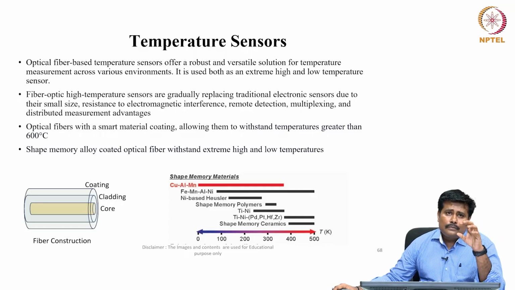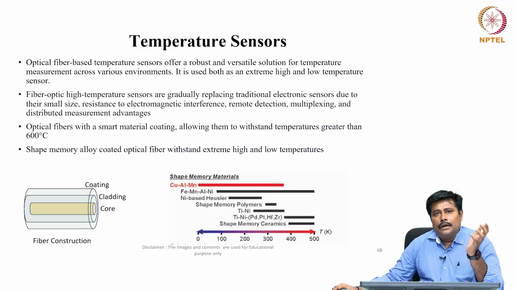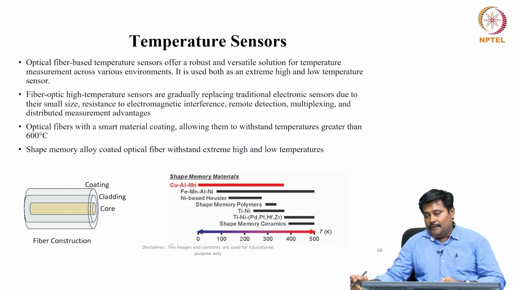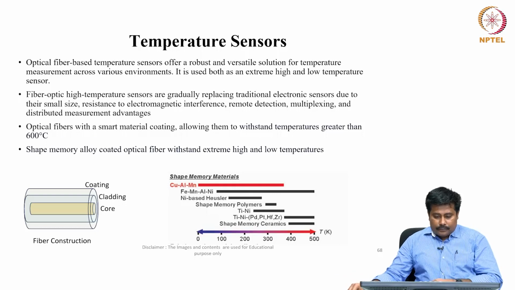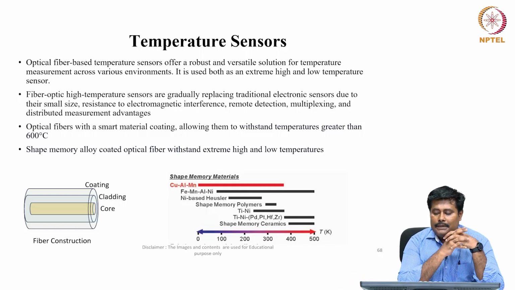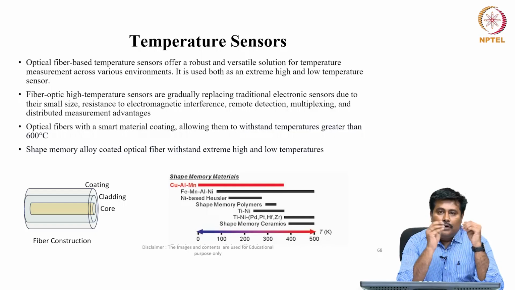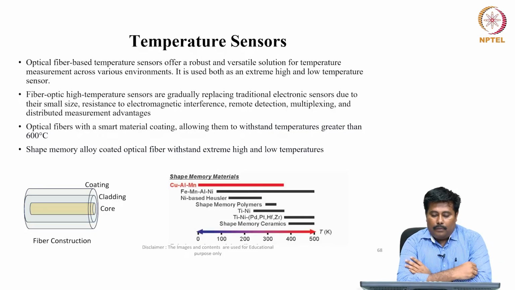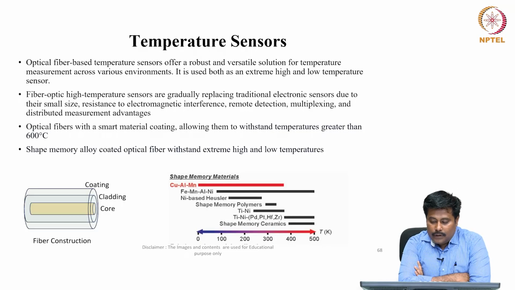Since optical fiber based sensors offer a robust and versatile solution for temperature measurement across various environments, they are used as both extreme high and low temperature sensors. Fiber optic high temperature sensors are gradually replacing traditional electronic sensors due to their small size, immunity to electromagnetic interference, remote detection, multiplexing and distributed measurement advantages.